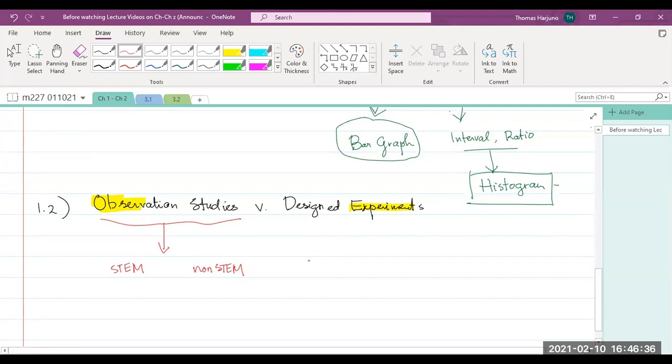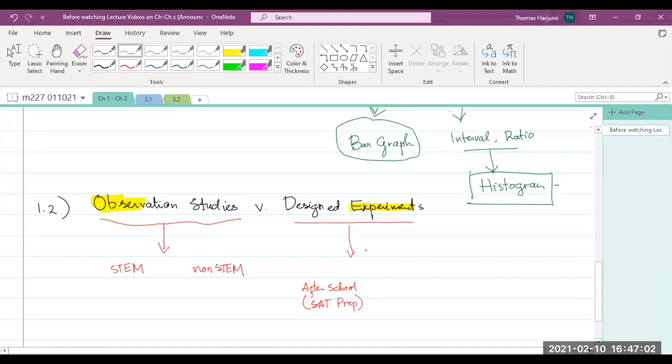Now, design experiment, for example, you want to see the effect of, let's say, some kind of after school program, or maybe SAT prep, if you know what SAT is, right?